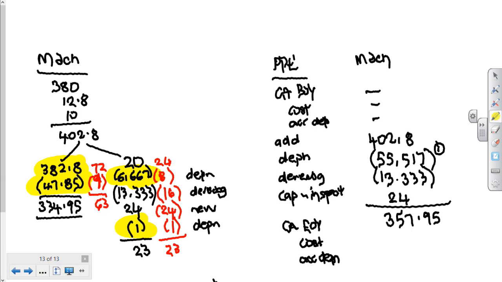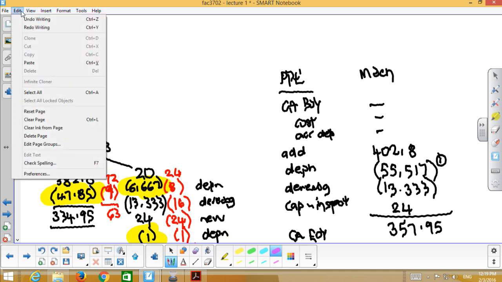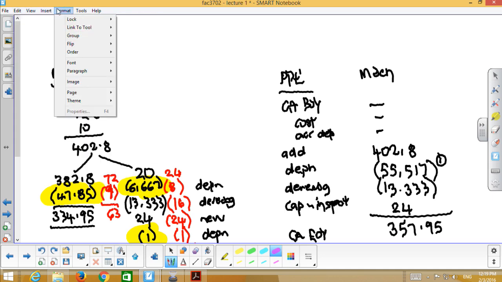I just changed it and it didn't change. Okay, sorry, let me just undo that because I don't want it to be pink because I want you to be able to see what I'm doing.